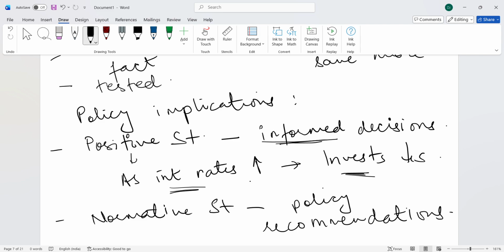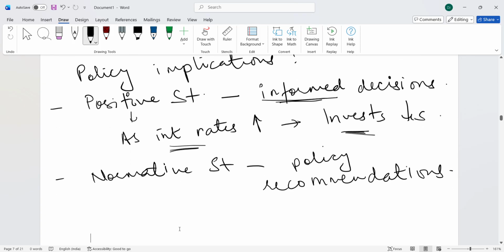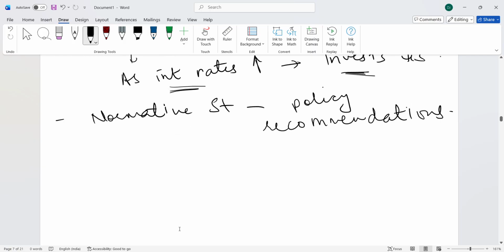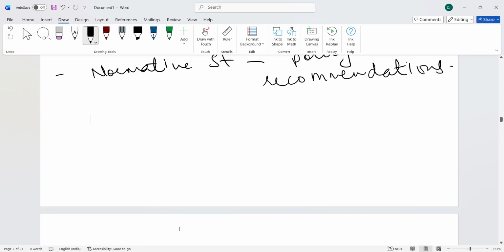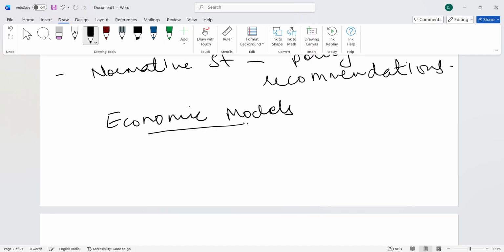All right. Then we come to a topic which is very simple and which is actually the last topic for today, and that is economic models. Okay, now what actually is an economic model, right?